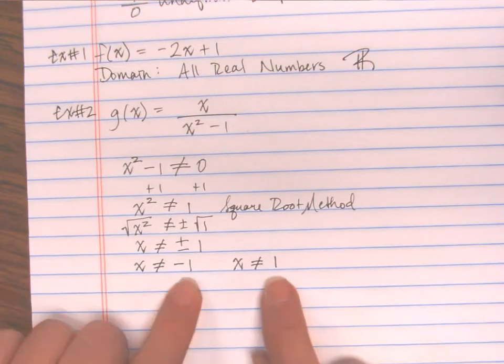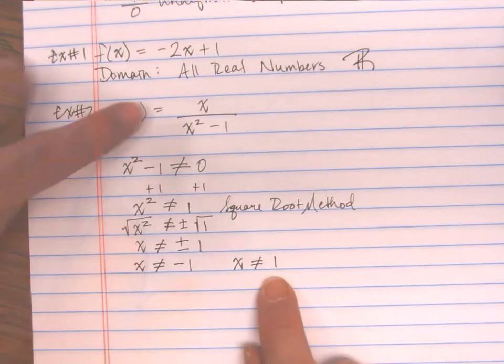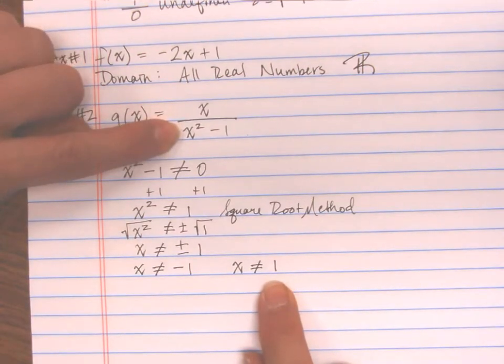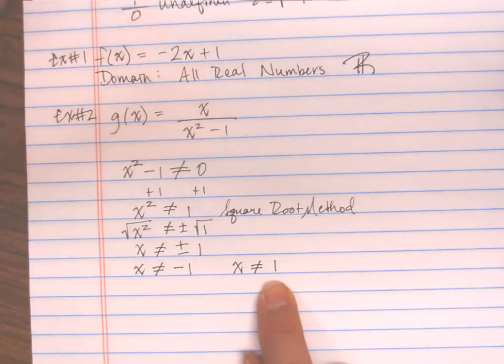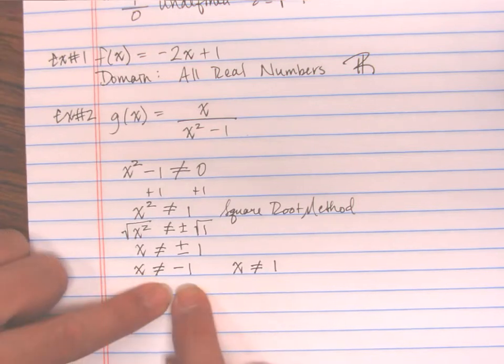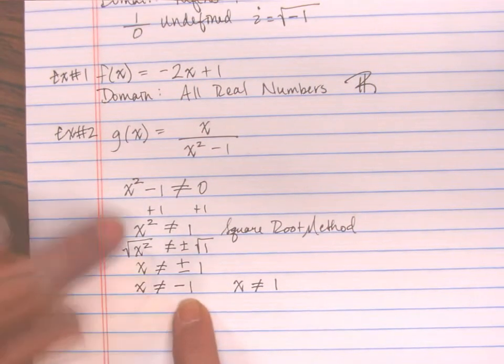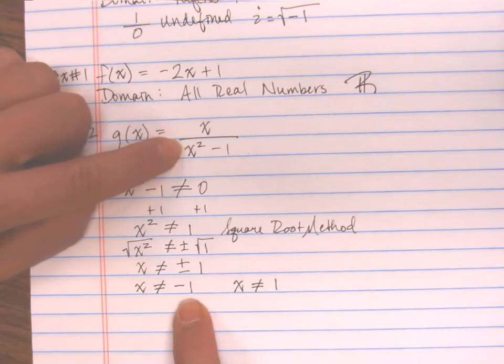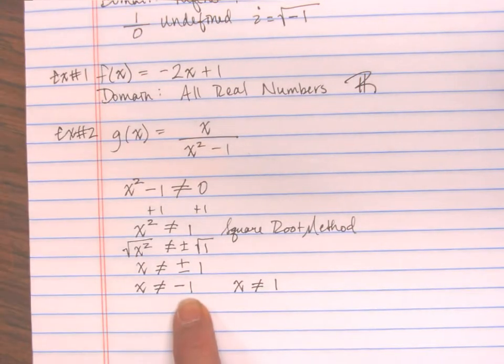Okay, so looking at these two values, if I were to plug 1 into my original equation, in the denominator I'd have 1 squared minus 1, that would give me 0. That's something undefined, so we don't want to use it. And the same thing here, plugging in negative 1 for x would give me negative 1 squared, that is just positive 1, minus 1 would still give me 0 in the denominator.